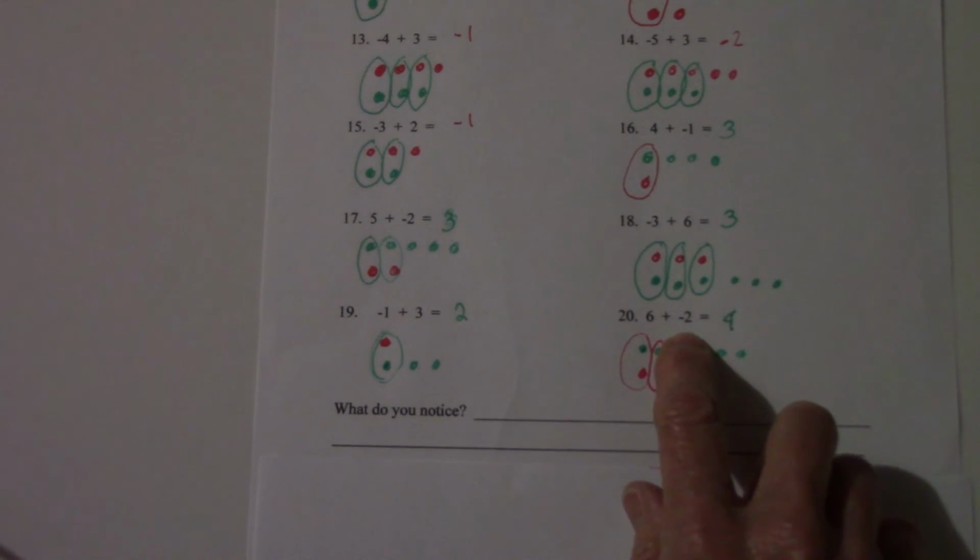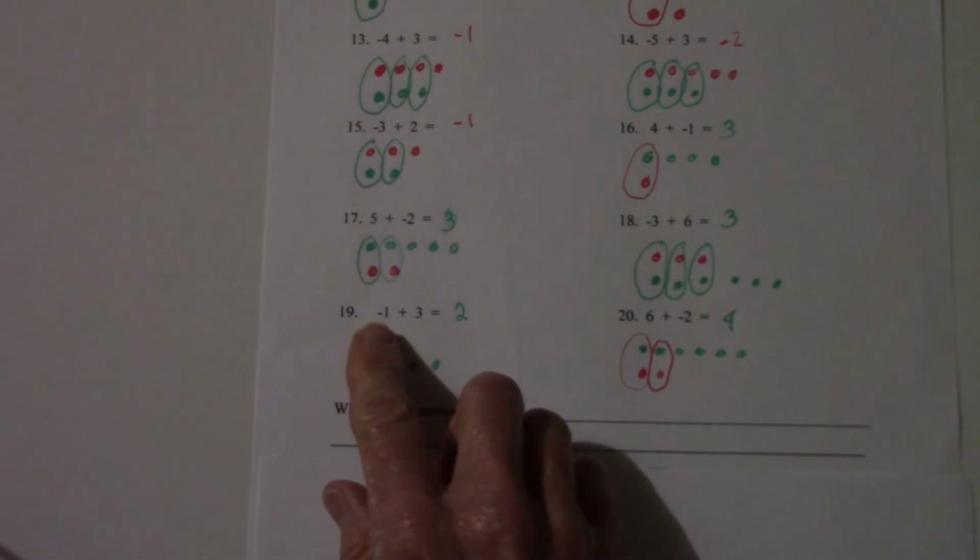And there is a pattern to the number of 0 pairs. And that pattern is that the number of 0 pairs is the same as the smaller number, quantity-wise. So here we have a 6 and we have a 2. So the 2 tells us how many 0 pairs.